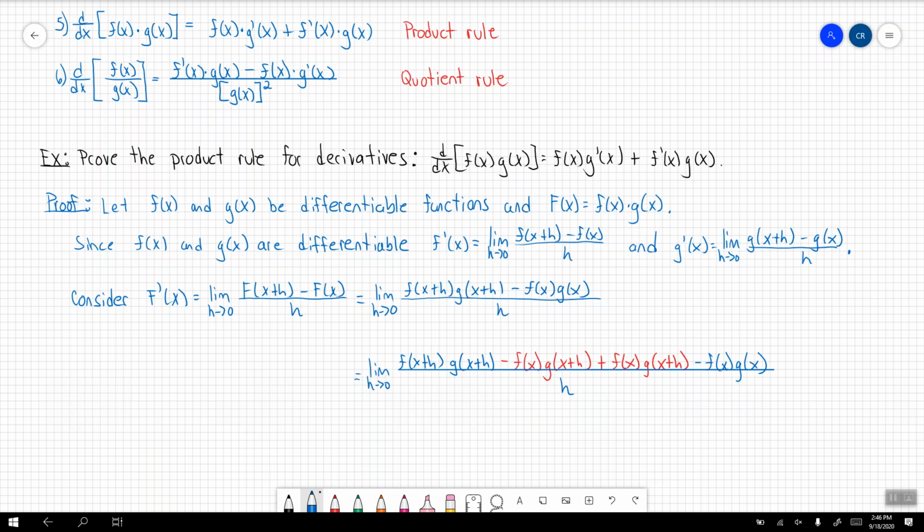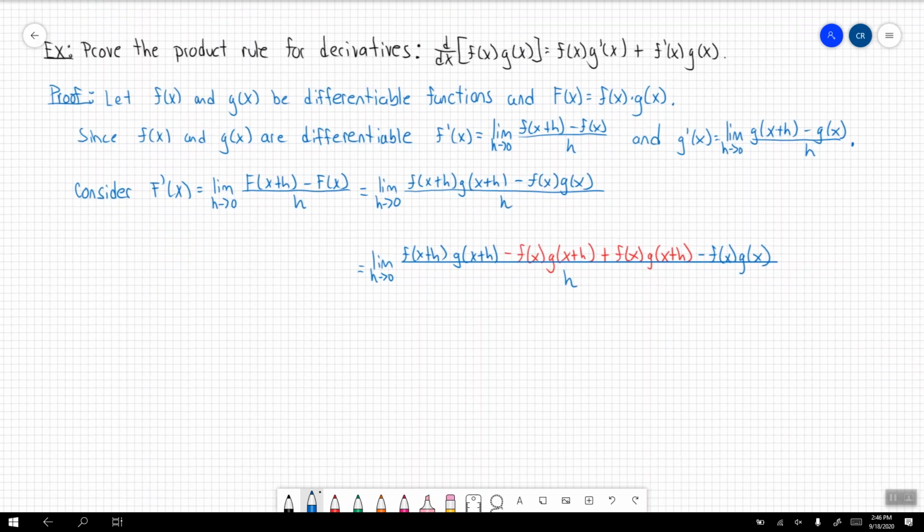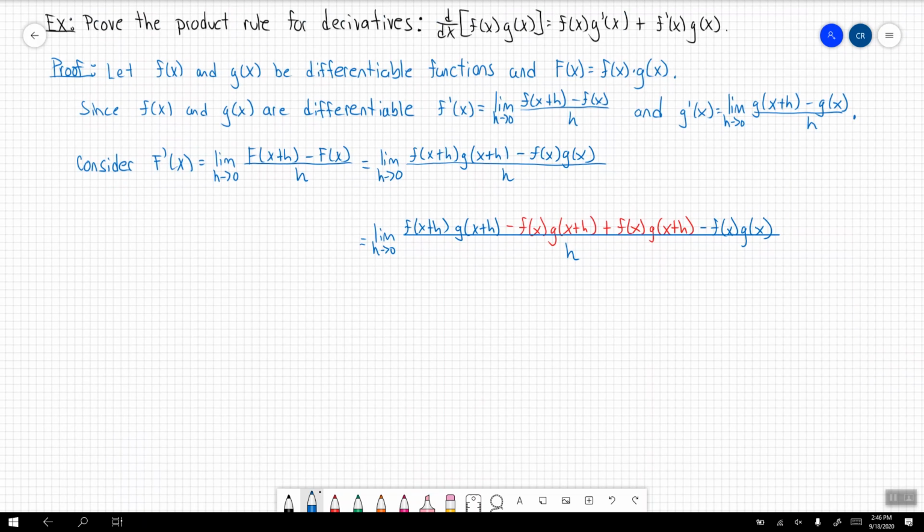Now again, what I did from the previous line was I just inserted negative f of x times g of x plus h plus f of x times g of x plus h. And what happens here is that these two terms will essentially cancel each other and leave us with the previous step. However, we don't want to go backwards, so we don't want to cancel these out. Instead, we're going to group them.